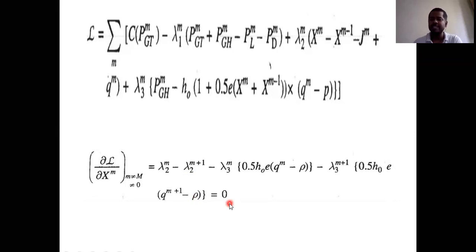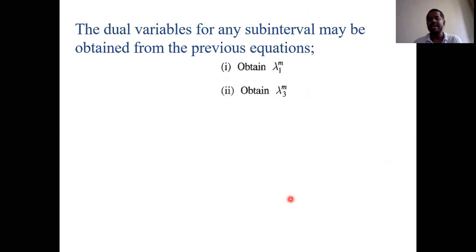In order to get a feasible solution for highly nonlinear equations, we need to go for one more approach, or one more method, that is nothing but the gradient method.